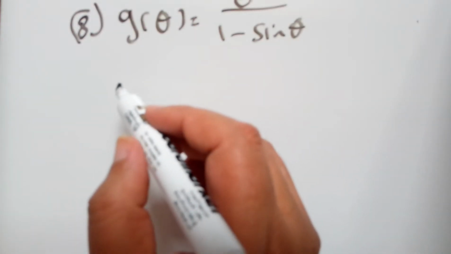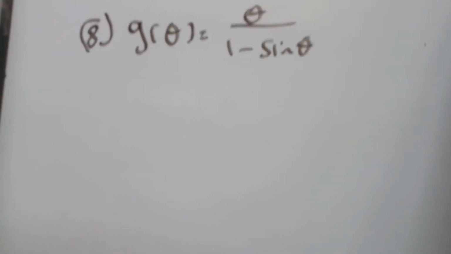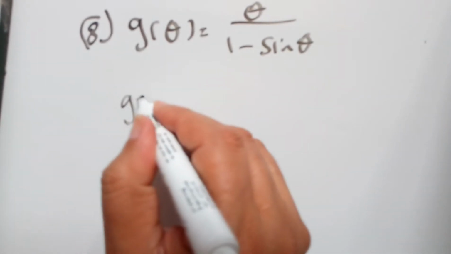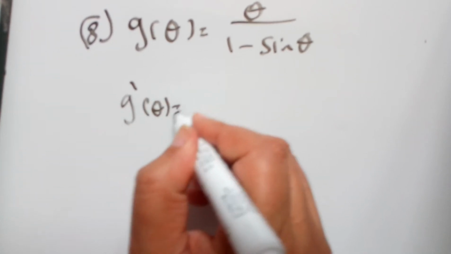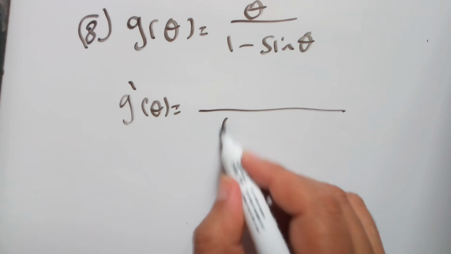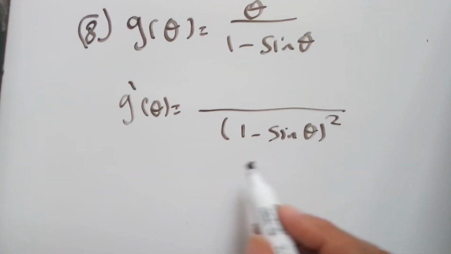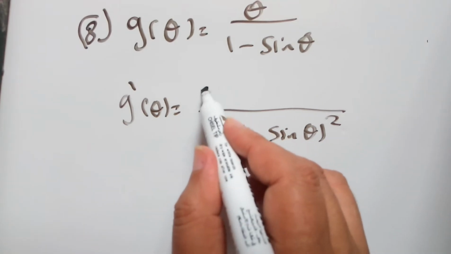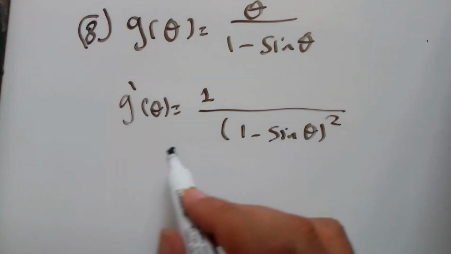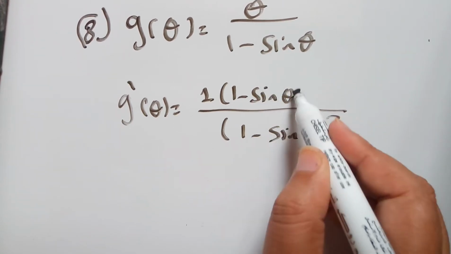Here you can apply the quotient rule. Then g prime of theta here, we find the derivative with respect to theta. 1 minus sine theta, this is the denominator here, squared. The derivative for up, theta with respect to theta is 1, multiplied by 1 minus sine theta.